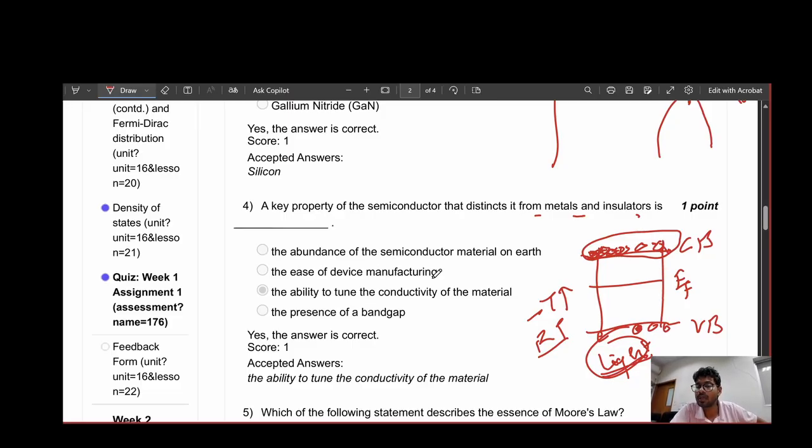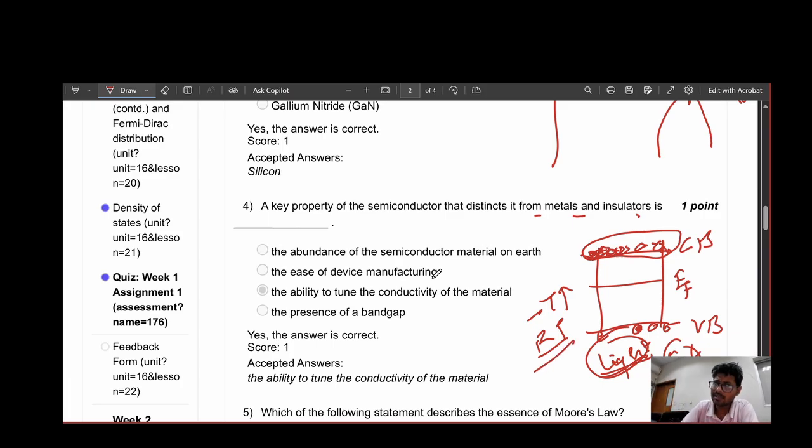By applying an electric field, you can also give some energy to move the electrons and change the concentration.